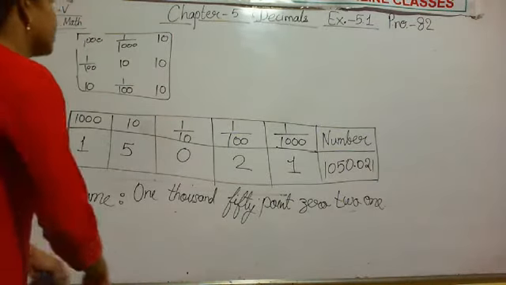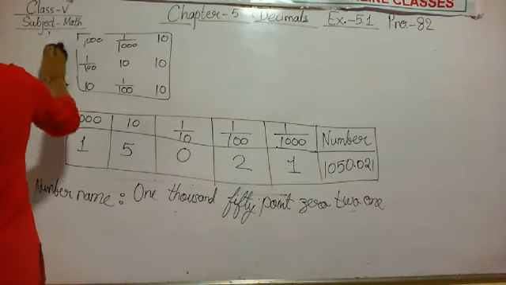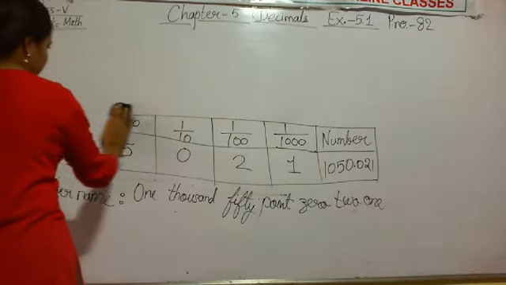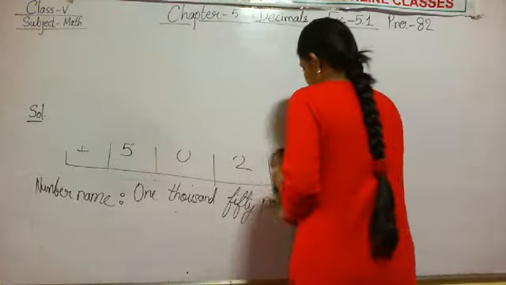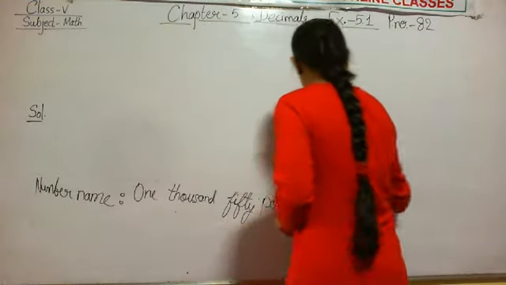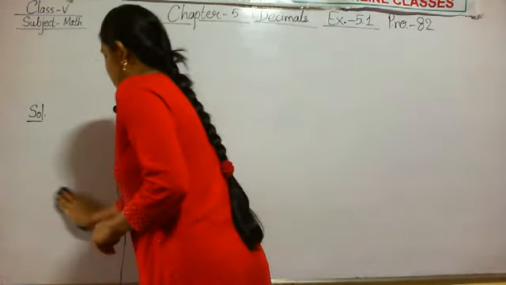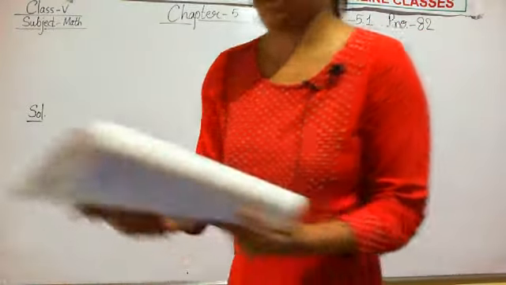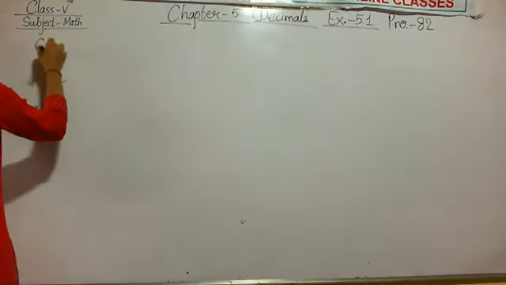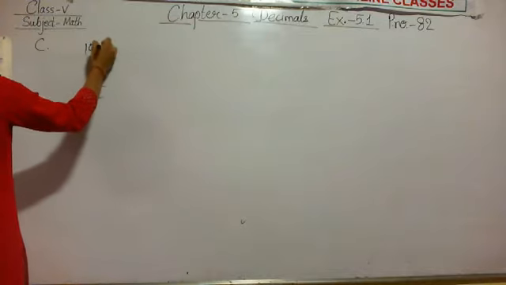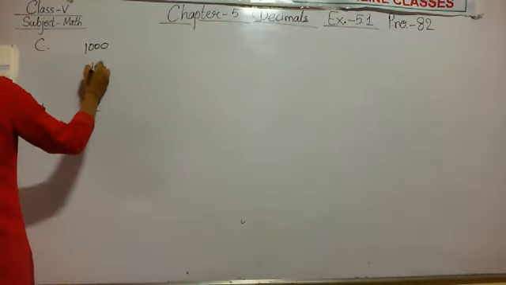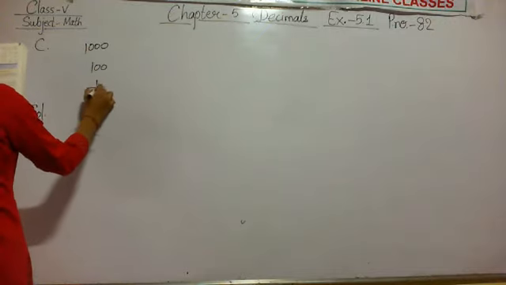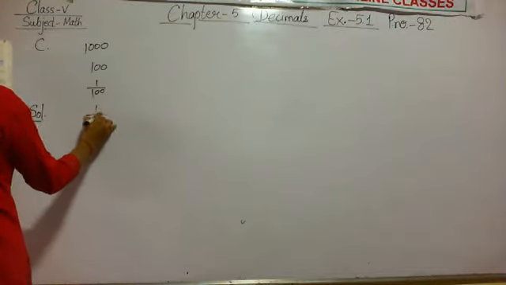Now the next question, that is C. Question number C. A box is given in which numbers are given like in the first column 1000, 100, 1 upon 100, 1 upon 10.